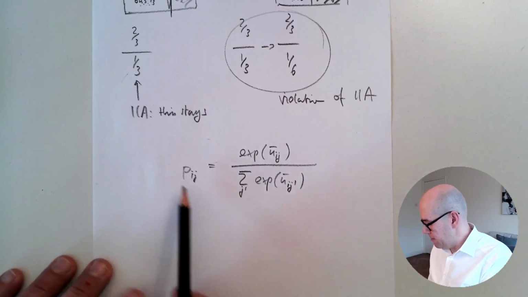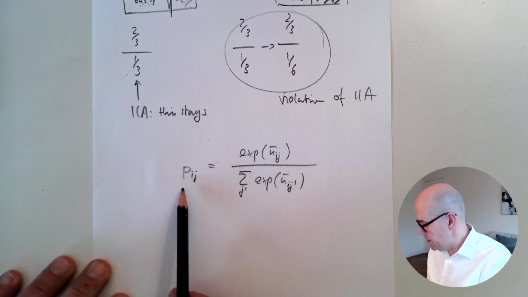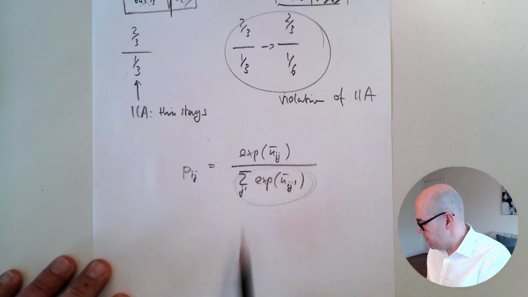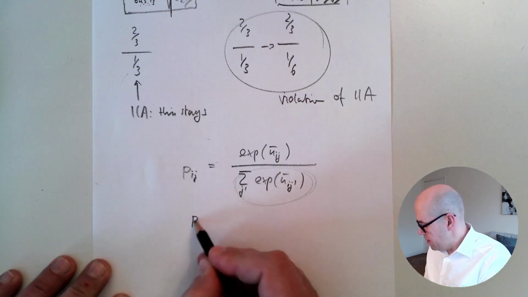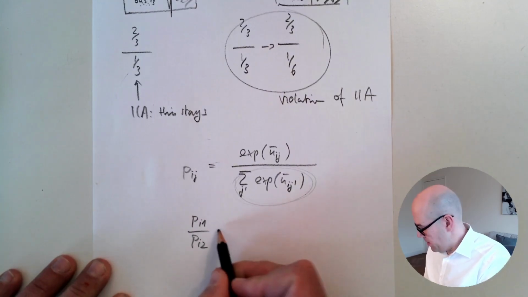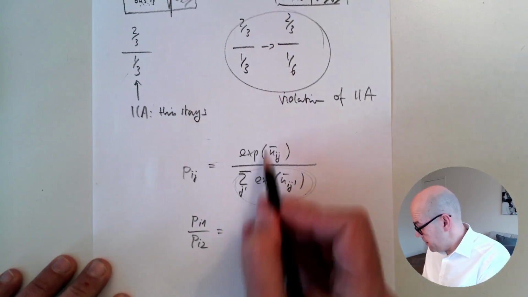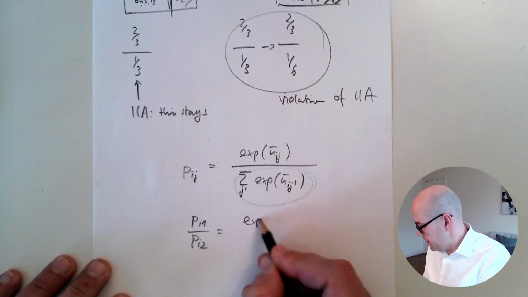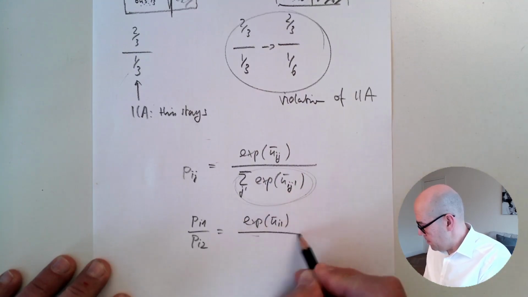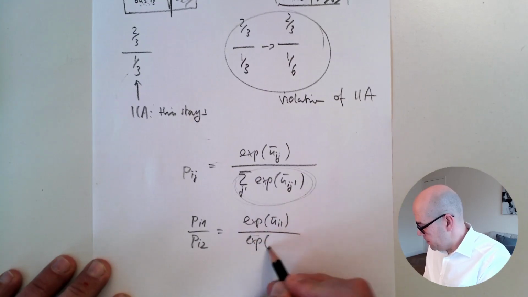So when I'm taking the ratio of two choice probabilities, the denominator will be the exact same denominator for both choice probabilities. So the ratio between Pi1 and Pi2 will not involve the denominator actually. It will simply be exp u bar i1 divided by exp u bar i2.